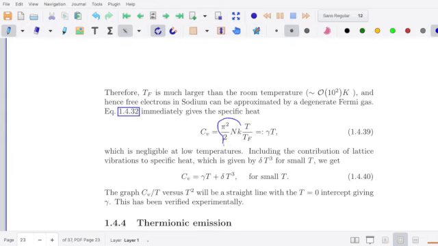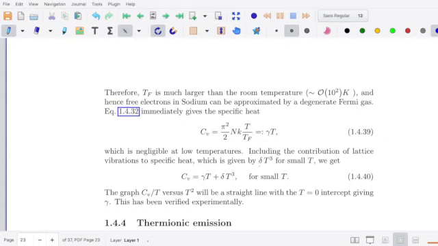And this factor is called gamma, the proportionality factor, times T. Now, including the contribution from phonons, that is lattice vibrations, one sees that their contribution at low temperatures is proportional to T cube.